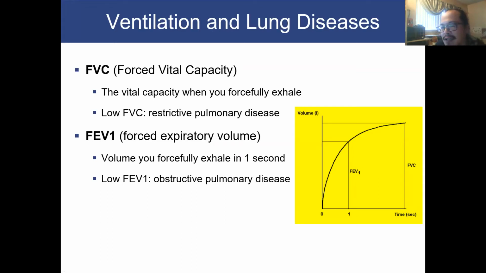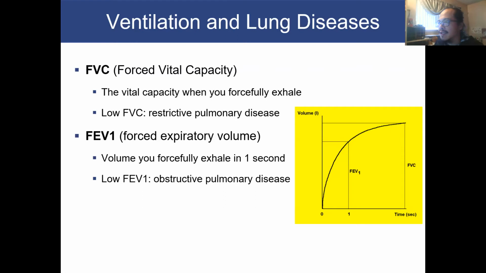The second is how fast you blow out. When you blow out fast, the way we measure it, we call it forced expiratory volume 1. This is the first second. So you forcefully breathe out, and the first second is right here.